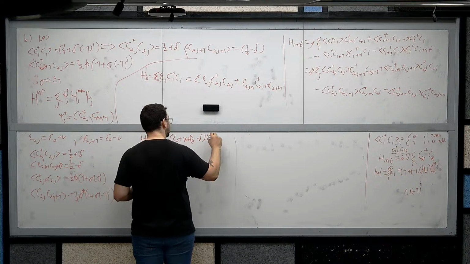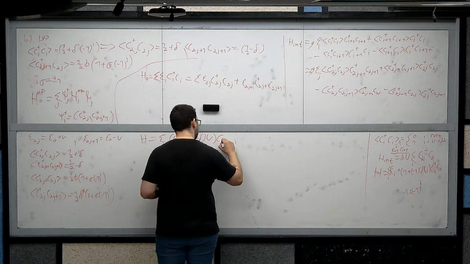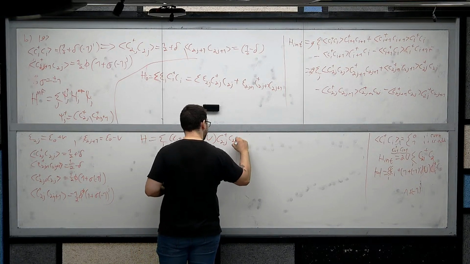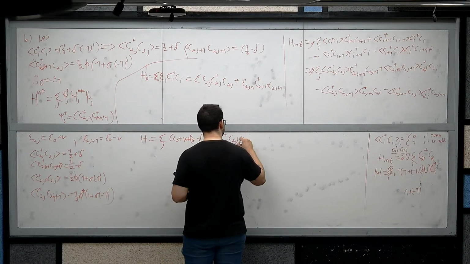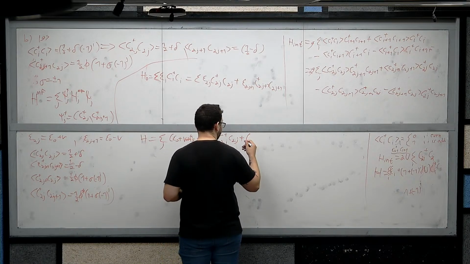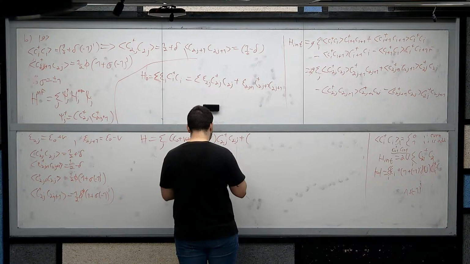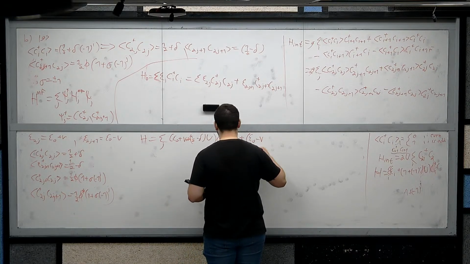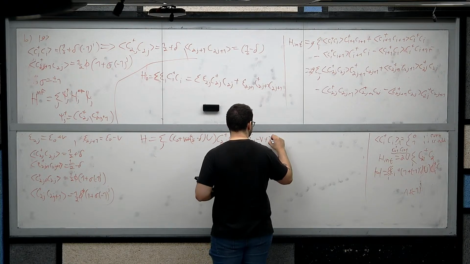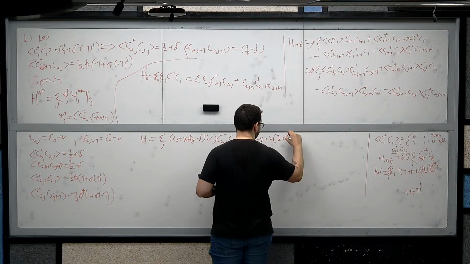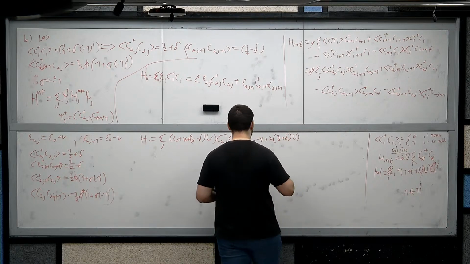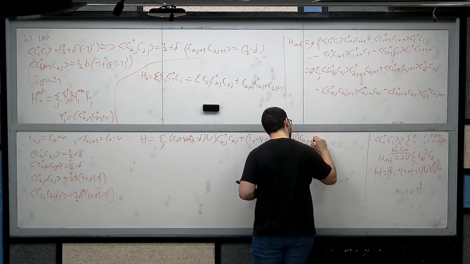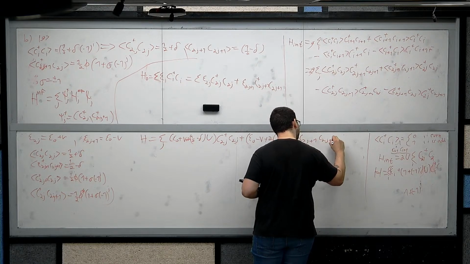Correction, 2u, that would be C2j dagger C2j. Plus, now for the odd term, or diagonal term, epsilon 0 minus v plus 2 times 1 over half plus delta u, C2j plus 1 dagger C2j plus 1.